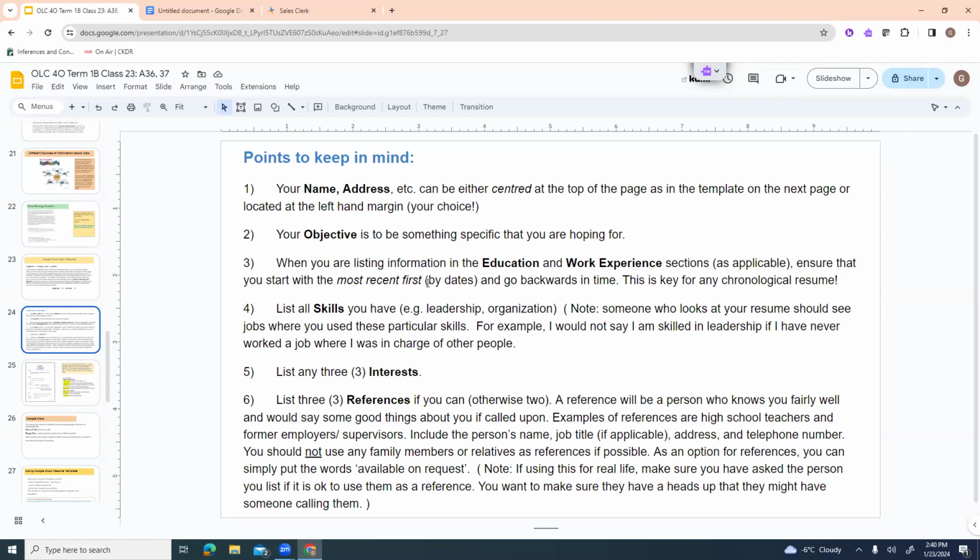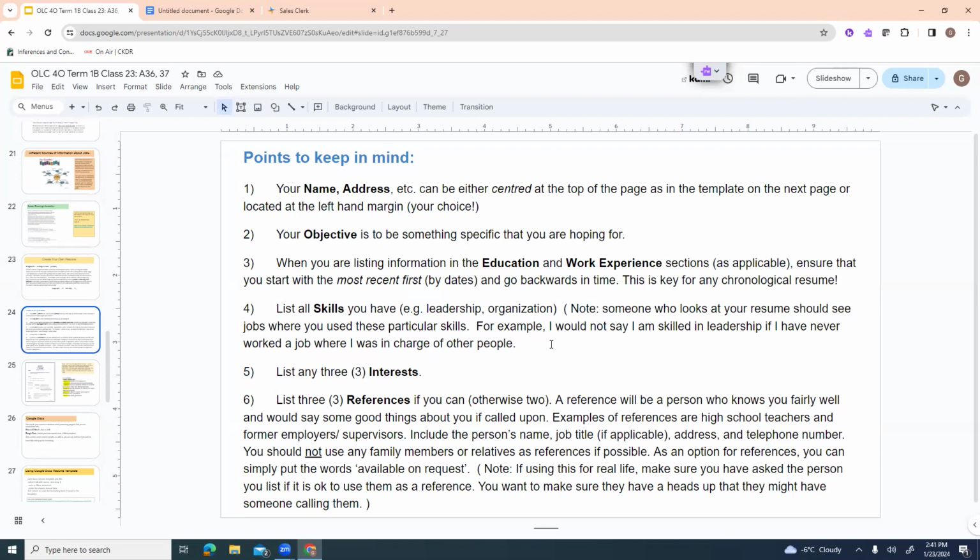So I know some people are going back and finishing high school, you could put a diploma pending if you're not quite finished. If you think you're going to graduate by the end of the year, you could say, graduation planned for June 2024, that kind of thing. And then if you're working something right now, that would be the very first thing you'd mention, and then your previous job kind of thing.